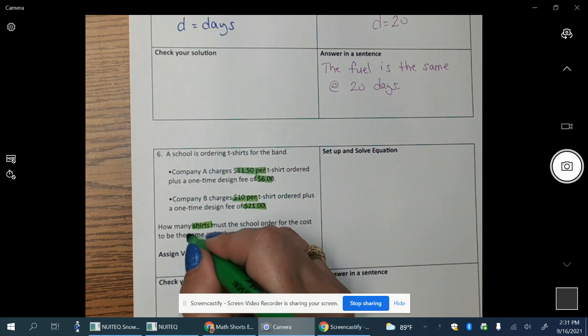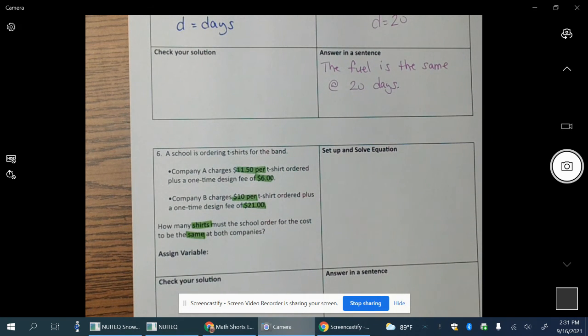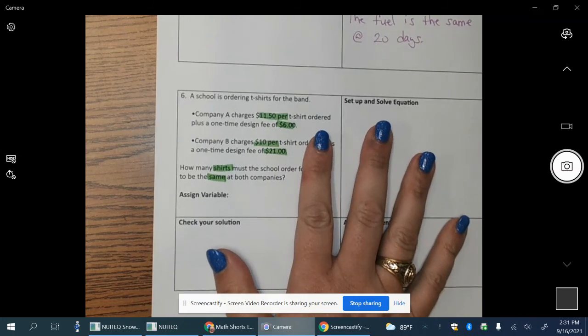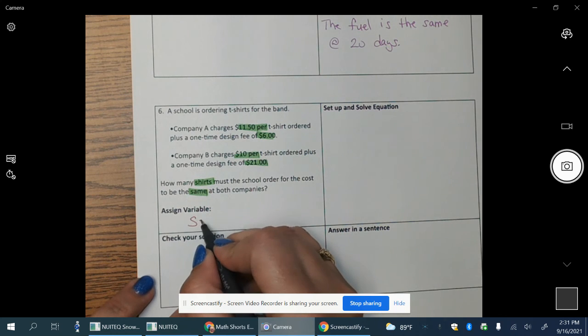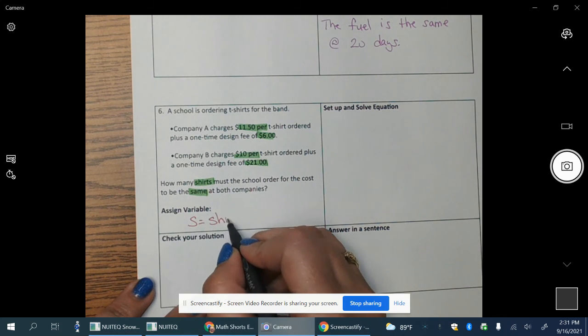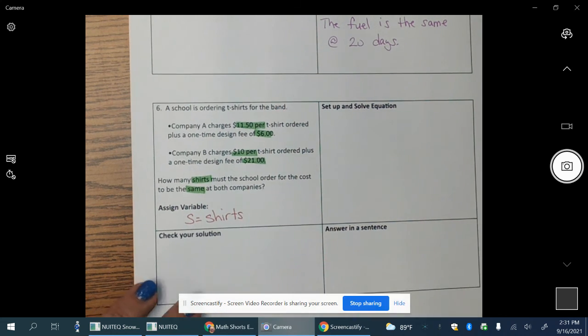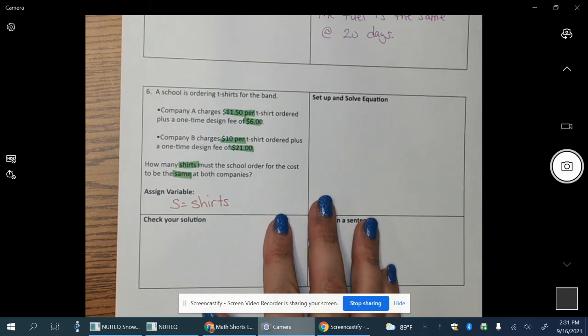How many shirts must the school order for the cost to be the same at both companies? All right. What is a good letter? S, because we're looking for shirts. Now, if your S looks like a 5, maybe don't use S. Maybe use X. Okay? S is for shirts.